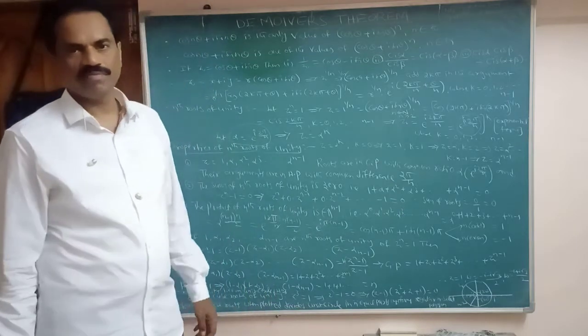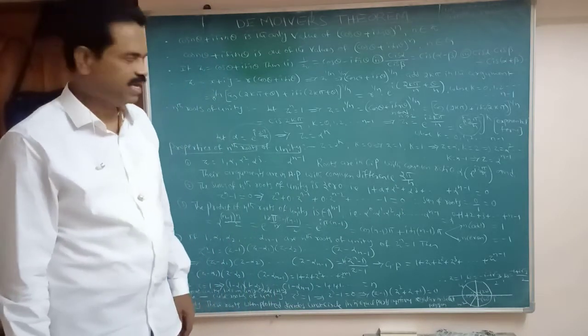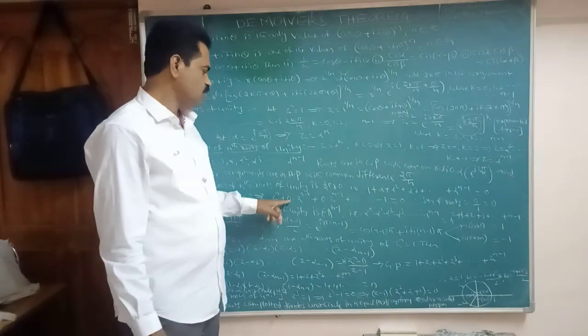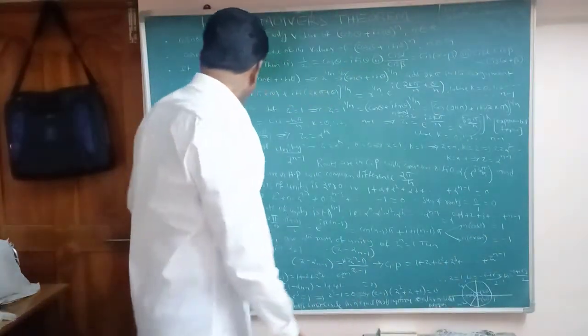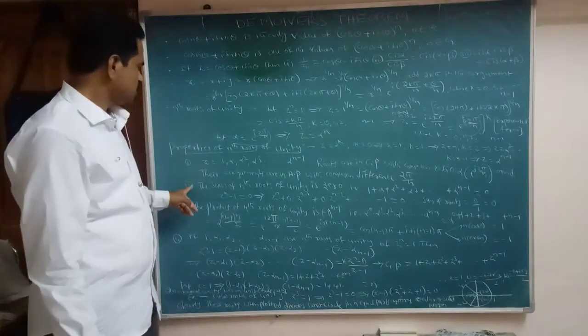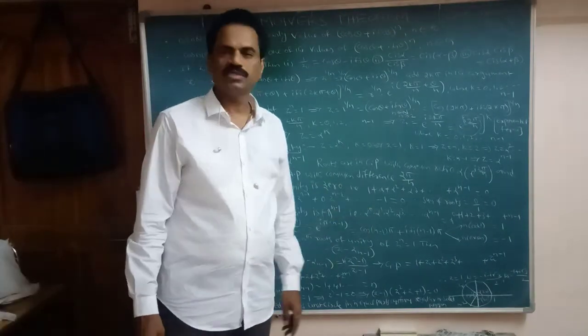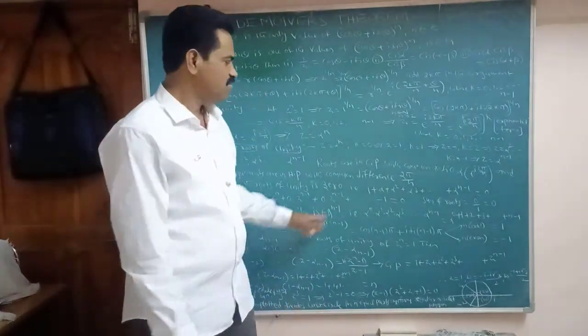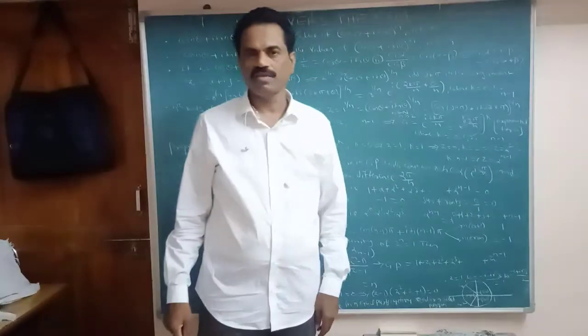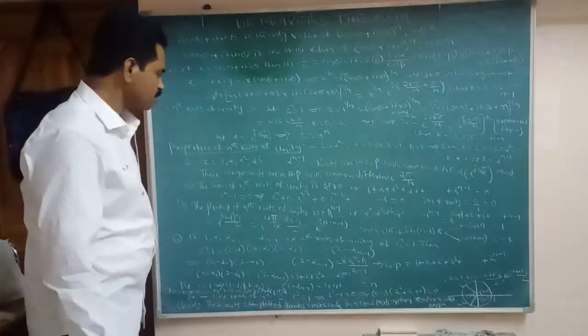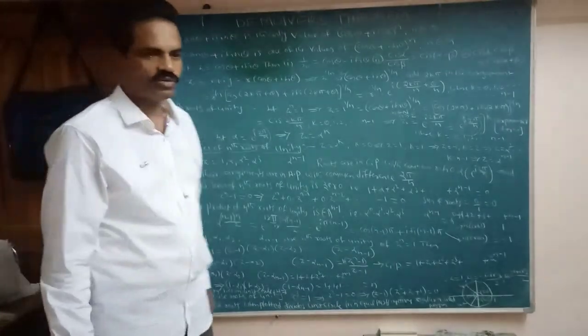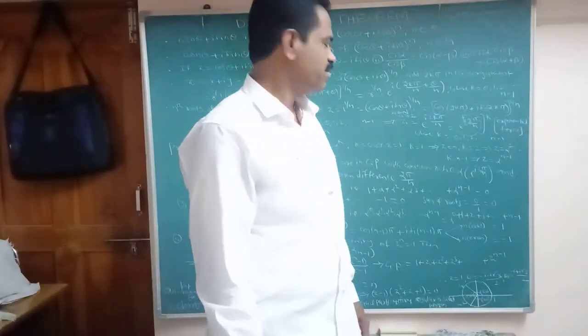We know that the sum of the roots equals minus b by a. What is b here? 0. That is 0 by something, which is 0. So what is the second property? The sum of nth roots of unity is 0. That is 1 plus alpha plus alpha square plus and so on, alpha power n minus 1, which is 0.